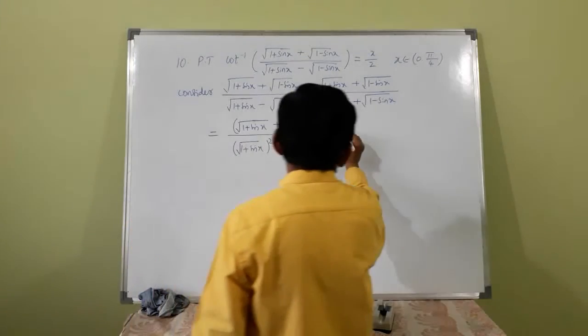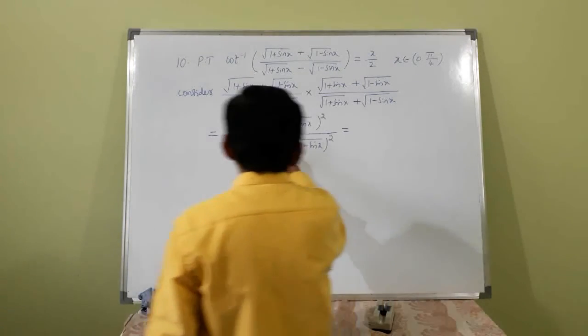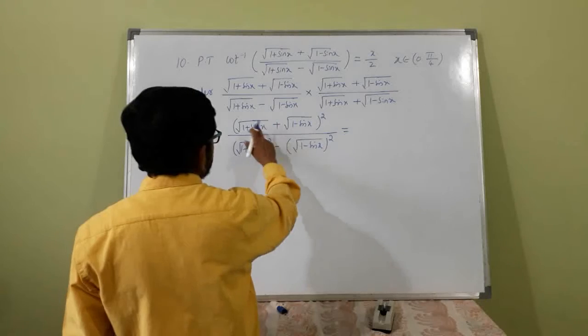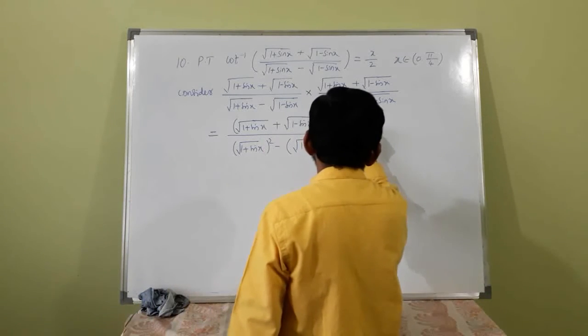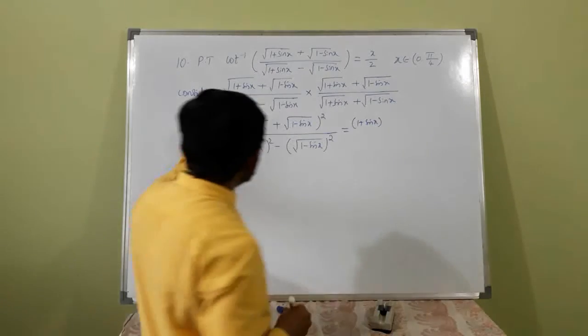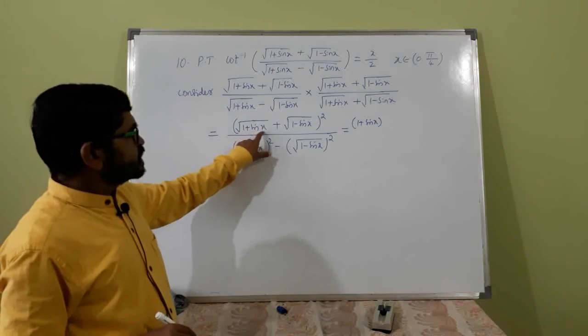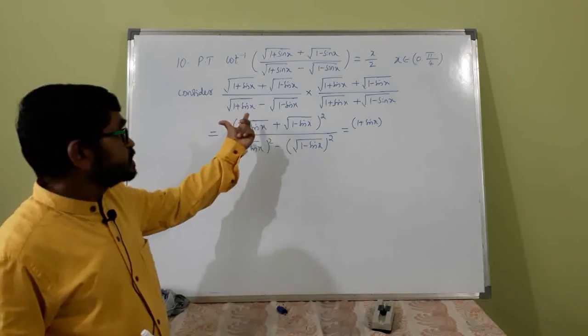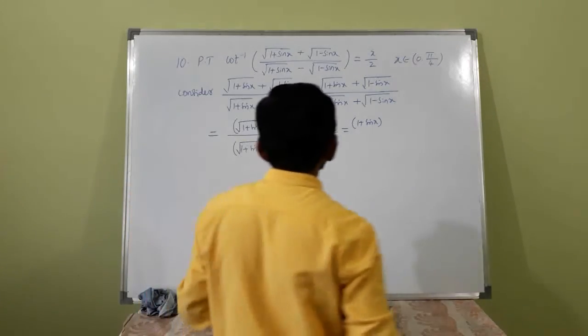That is equal to, what is the square of a plus b whole square form? This is 1 plus sin x. See, square root of 1 plus sin x whole square. Square root and square get cancelled. 1 plus sin x.